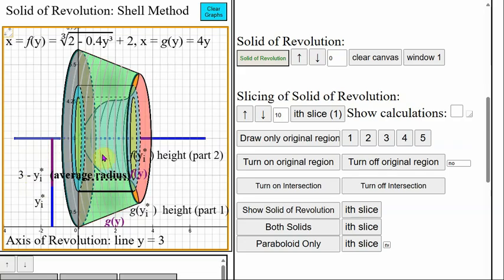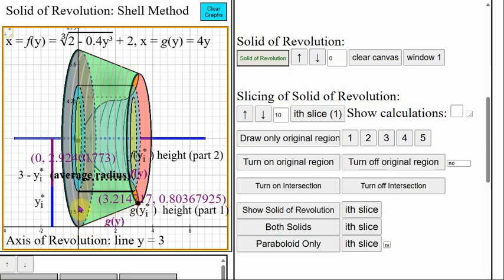And to get the height for this ith shell right here, we need to notice something. For this particular solid of revolution, from the x-axis to 0.836, the shell is bounded by the y-axis in this graph.